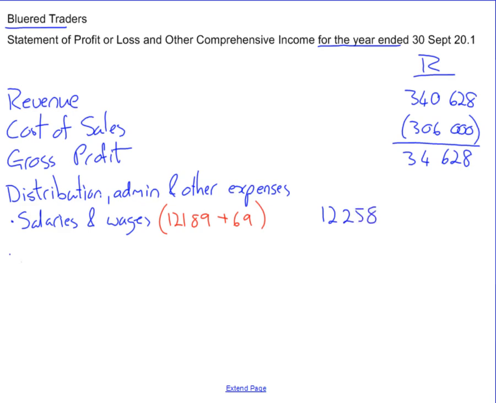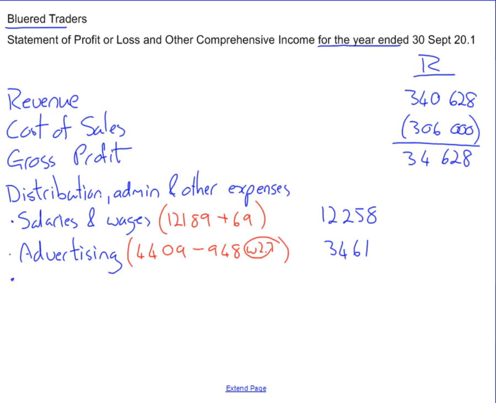Then advertising costs. Advertising costs, we've done it before, so I'm not going to spend time on the calculations in detail, but we were given the 4409 in the trial balance, and we had to take out the 948 from working 2.7. That was the prepaid component of the advertising costs, 3461.